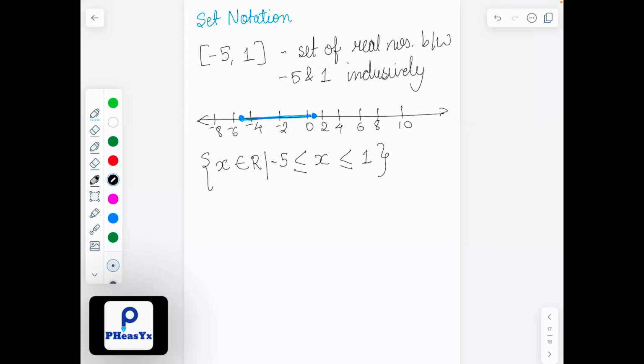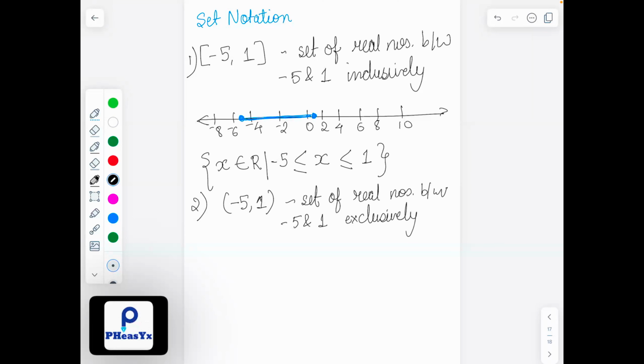Let's take another example. Here we have used parentheses. It denotes the set of real numbers between -5 and 1 exclusively. That means -5 and 1 are not included.